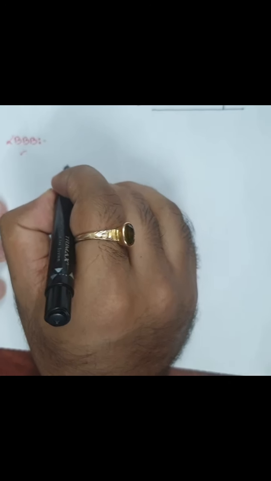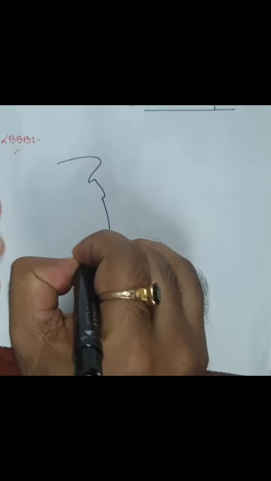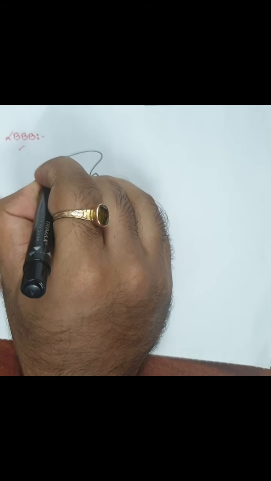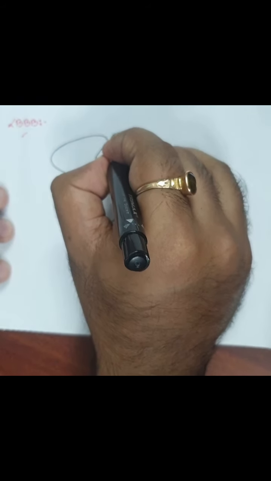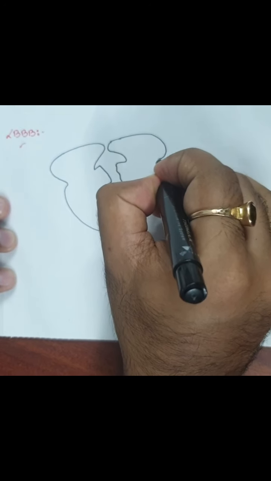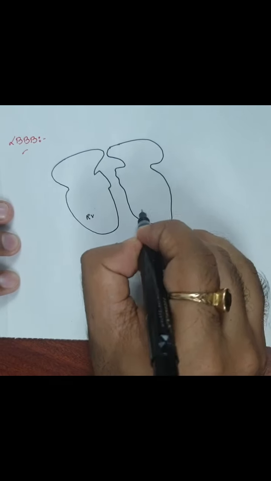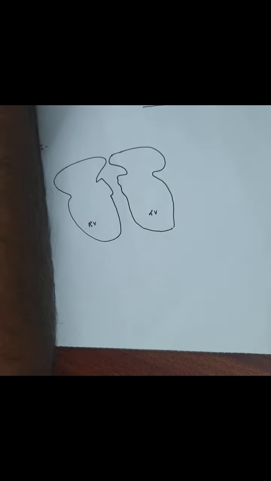So the next category is left bundle branch block. Again, we are drawing a diagram of the heart. This is the right ventricle, this is the left ventricle.